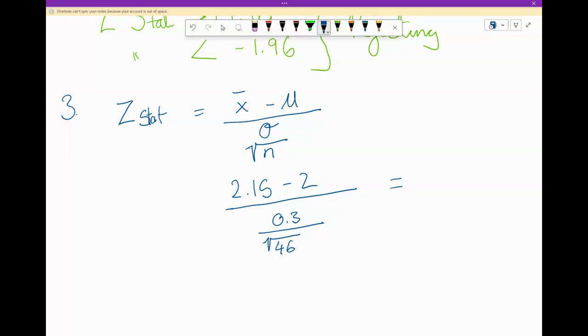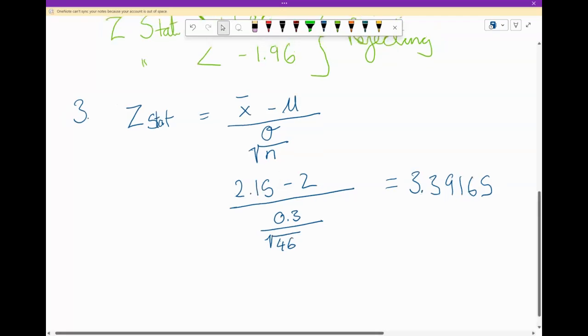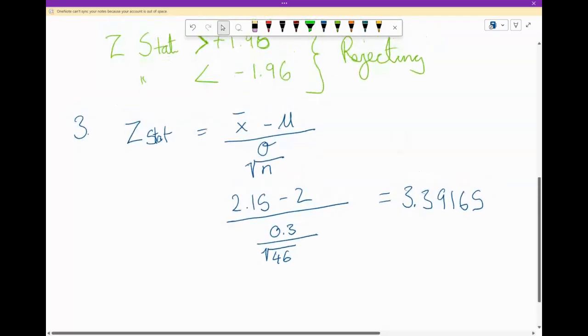Okay, in the interest of time, we've done this calculation, so I'm not going to spend time here. But what you should get then is 3.39165. Yes, please, by all means, you can calculate that if you want.